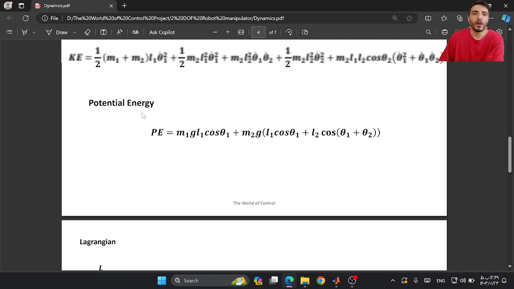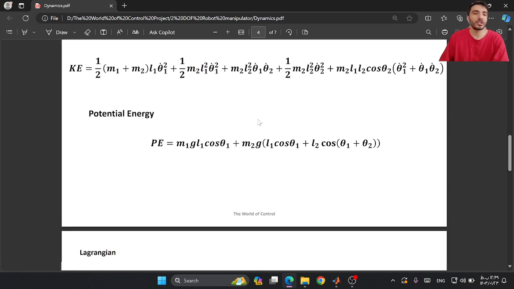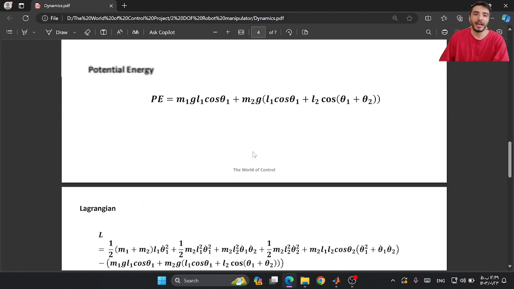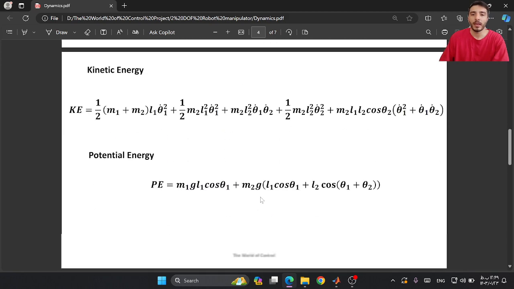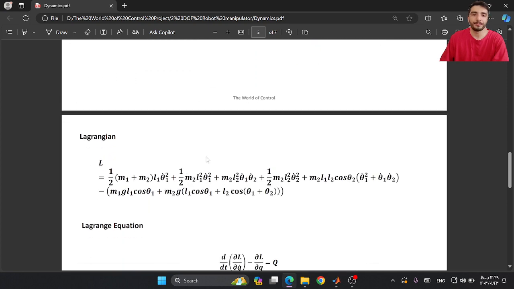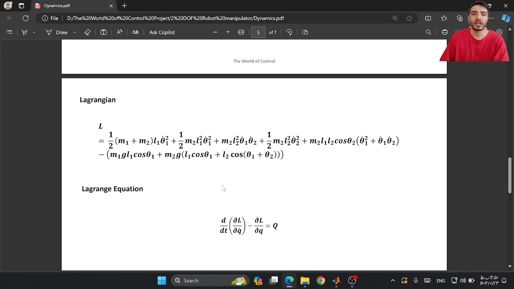And after that, by having the kinetic energy and potential energy, we can write the Lagrangian of our system, that is the kinetic energy minus the potential energy, that is called Lagrangian. And with respect to this Lagrangian equation here, we can extract our equations with the Lagrange method.